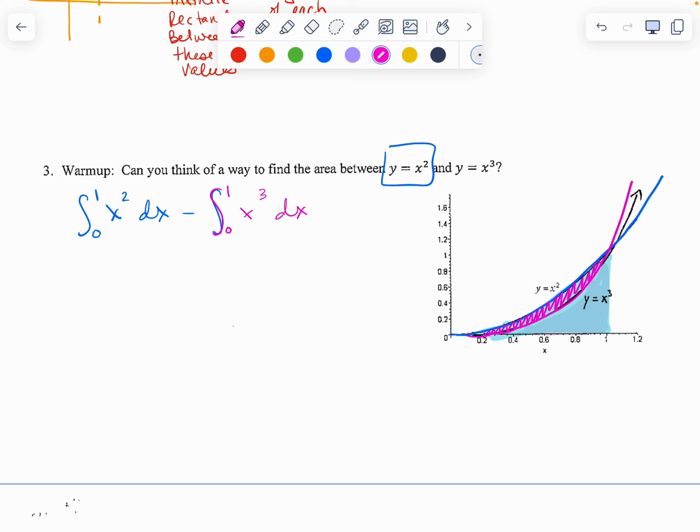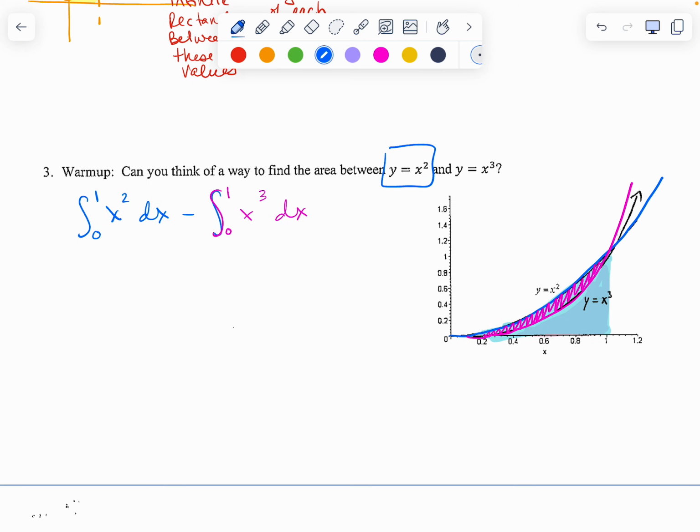So let's do it. For the blue one, the antiderivative is 1/3 x to the third, and we're going to evaluate from 0 to 1. For the pink one, the antiderivative is 1/4 x to the fourth, and we're going to evaluate that from 0 to 1. We'll plug into both of these and figure out what we get.